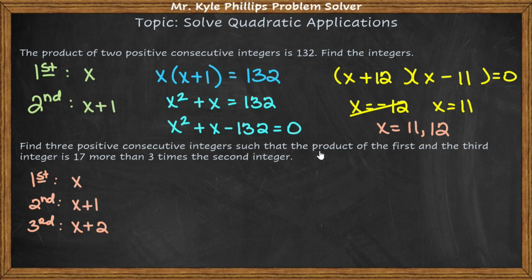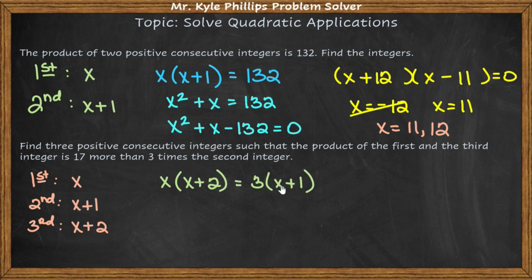Now they tell us the product of the first and the third. We can go ahead and write that out: x times x plus 2 is, so that means equals, 17 more than 3 times the second integer. 3 times the second integer is 3 times x plus 1.